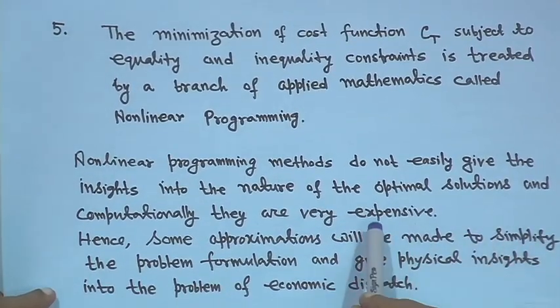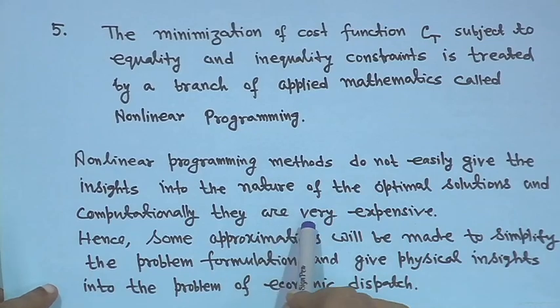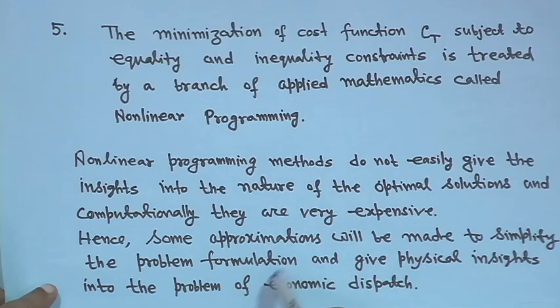So, that is why nowadays people are solving this kind of problem using different types of soft computing techniques. Anyway, we will not follow soft computing techniques here, that is a different thing, but we will use the classical optimization method.